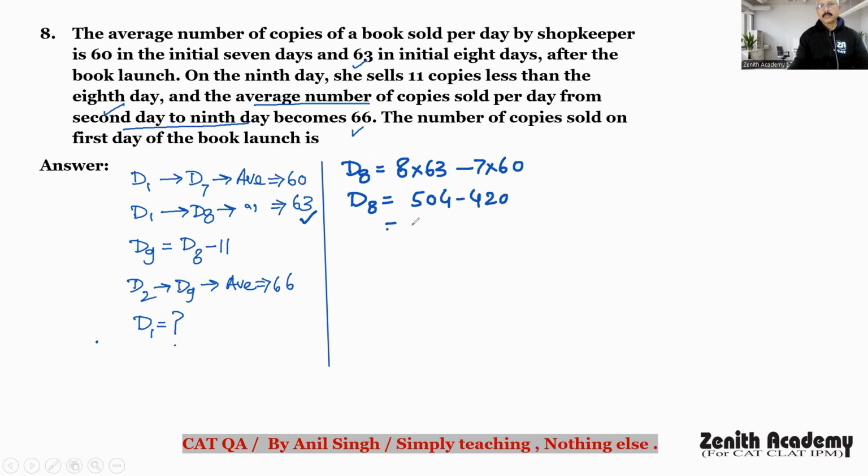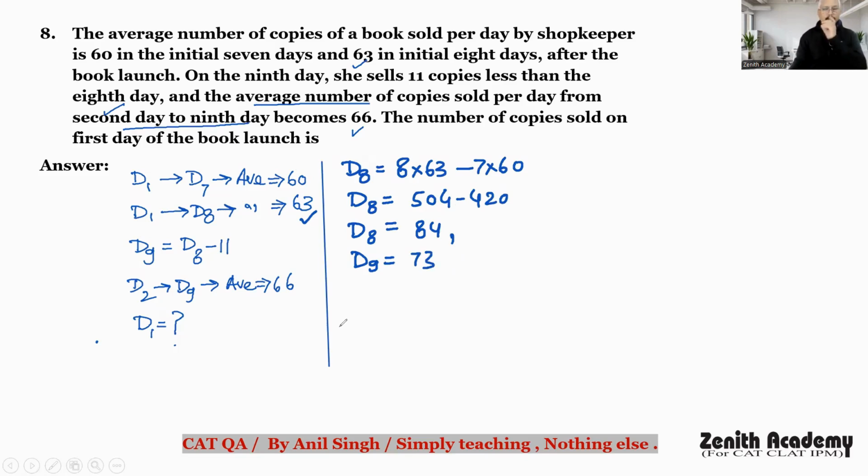This is equal to 84. So on the 8th day, 84 copies sold. And now the ninth day's copies sold is 84 minus 11 is 73.